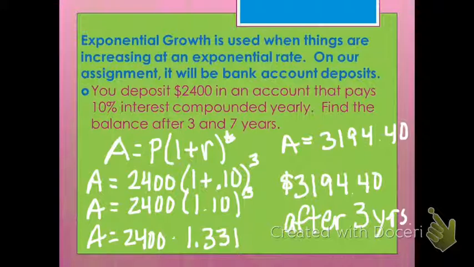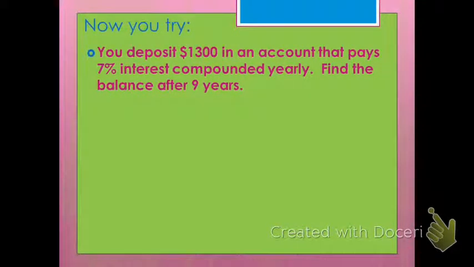And then when you want to figure out the 7, you put a 7 in there instead of the 3 and do your calculations. Now, try this one by yourself. Read the problem and then pause.